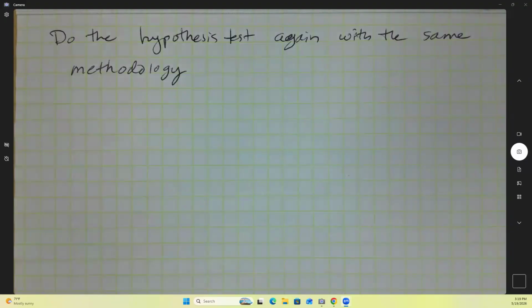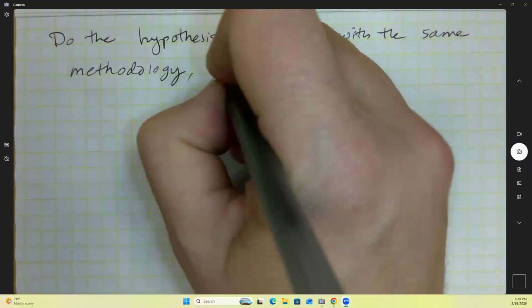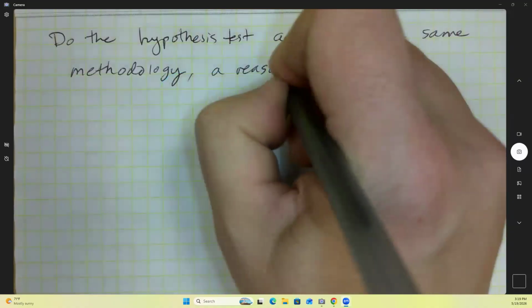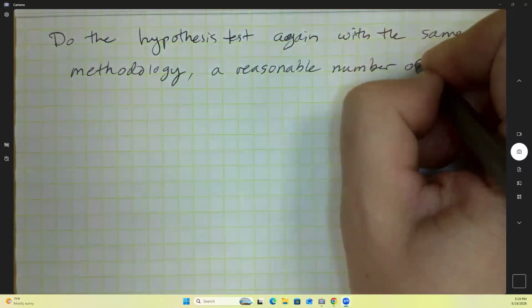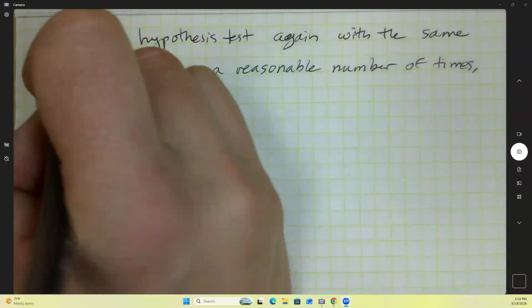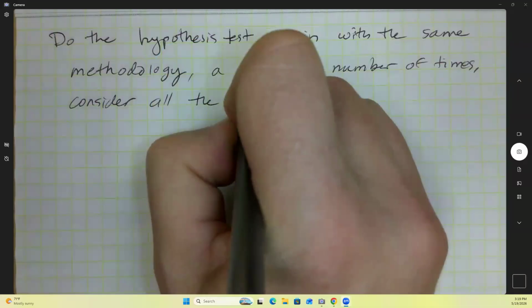Each time we go out and we collect random sea urchins and we do a hypothesis test. And let's see, how about not just again once, but a reasonable number of times. And then we consider all the results holistically.